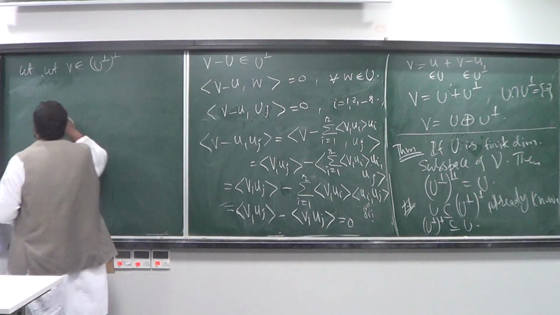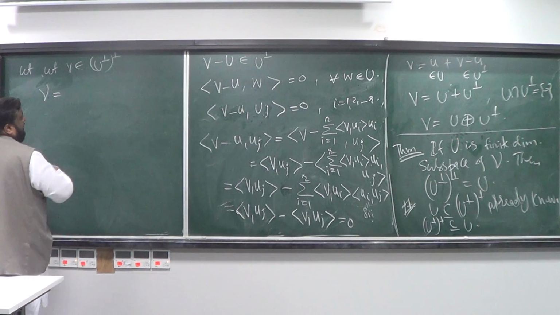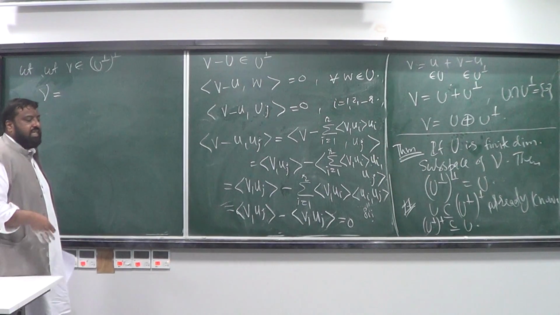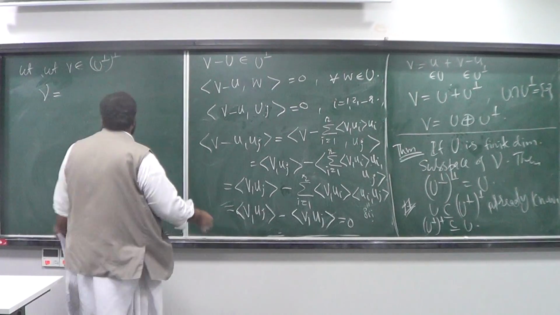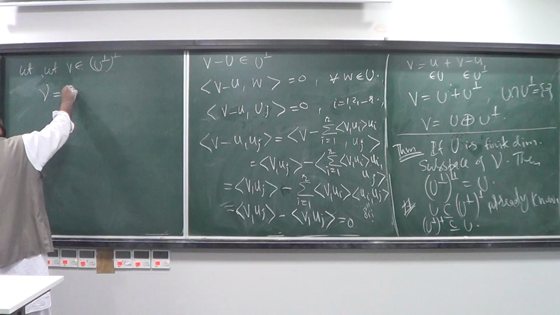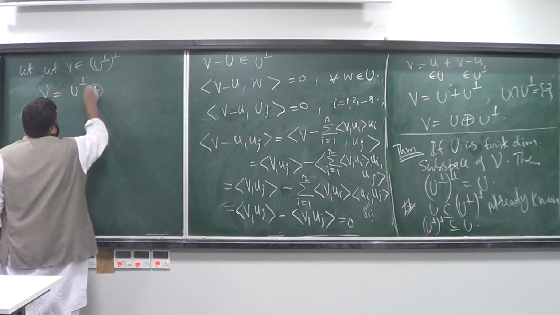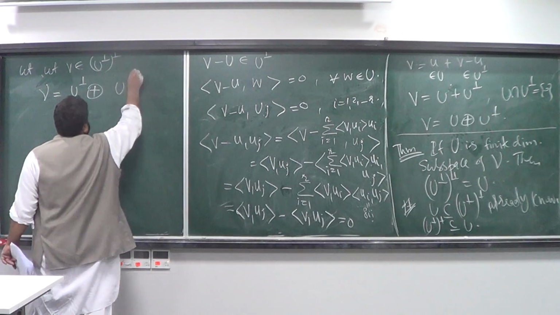By the way, from the previous result, since U perp is itself a subspace, V can be written as the direct sum of U perp and the perp of the perp.